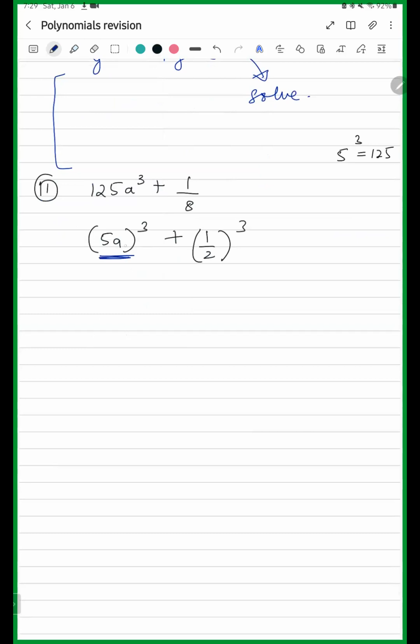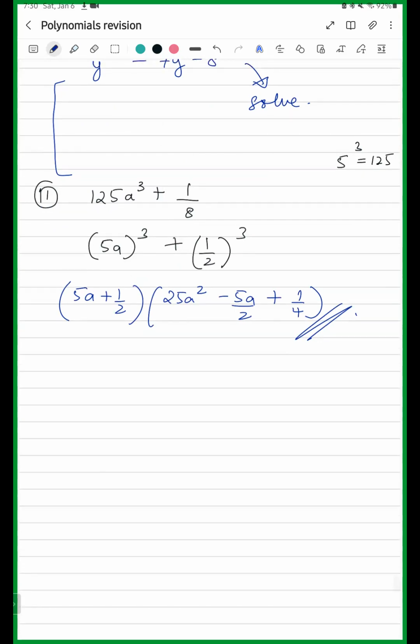So a cube plus b cube is what? A plus b into a square minus ab plus b square. B square is what? This. So this is going to be your answer. Okay, please copy this down.